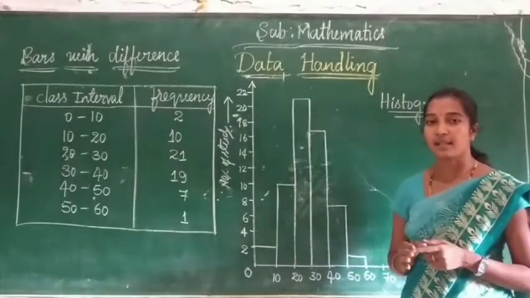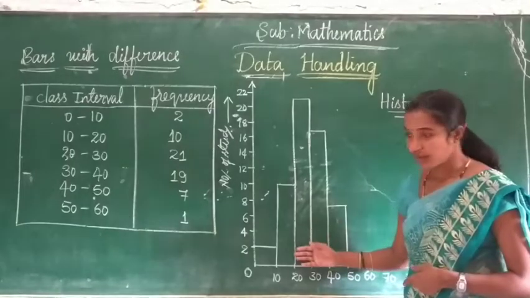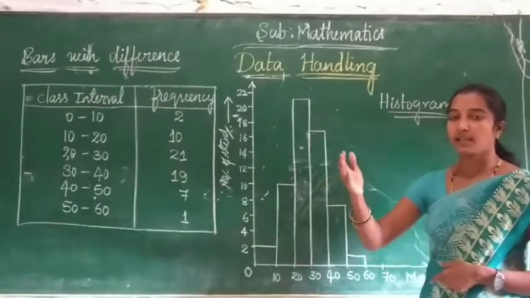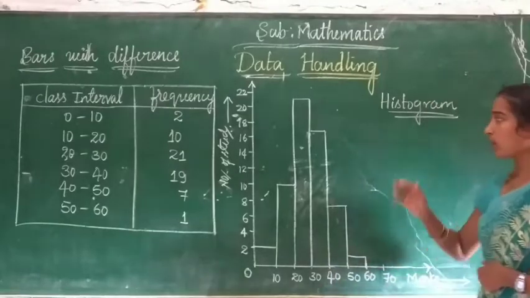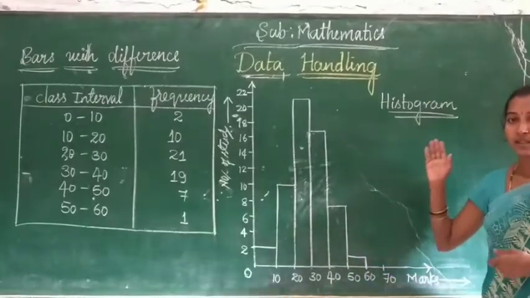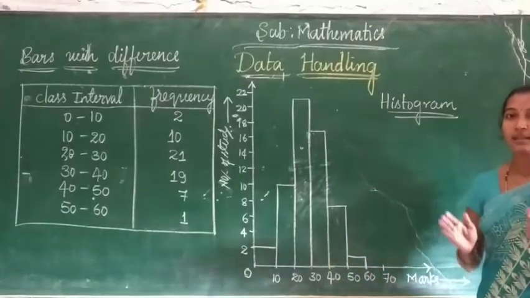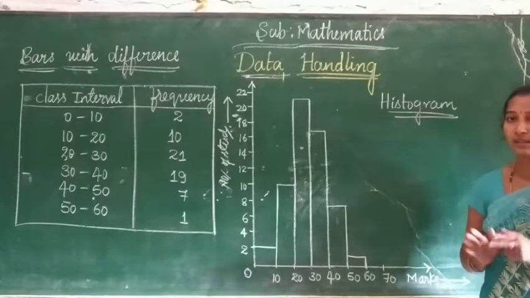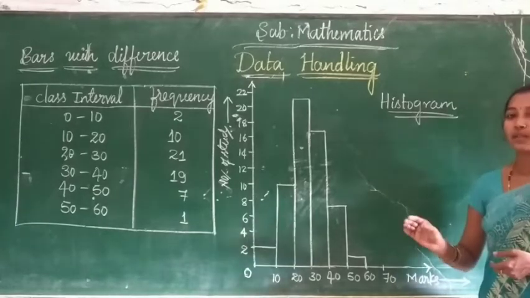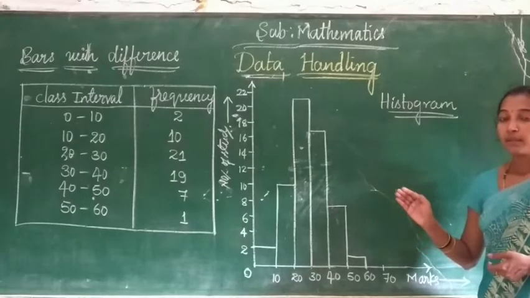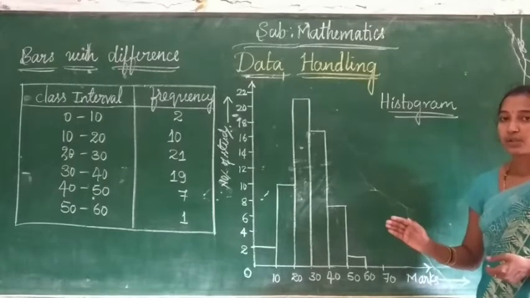Okay children, all of you draw this graph and take note of the definition of histogram. A histogram is the graphical representation of data by using bars, but within the bars there is no gap.